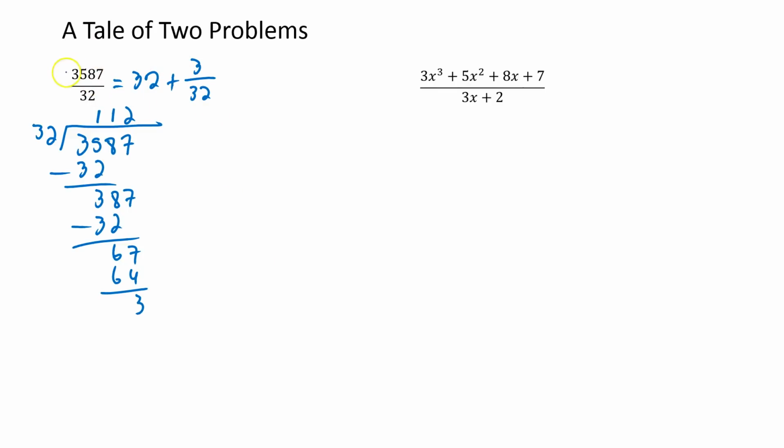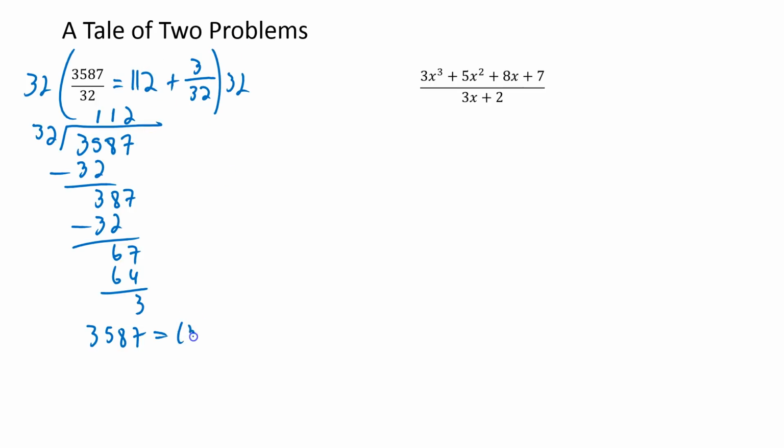How you often also see this written is if you multiply both sides by 32, you can write this in what's called factored form. So we would have 3587 is equal to, what am I looking at here? Oh, this is 112. I knew I had something wrong. 112 is my answer, right?